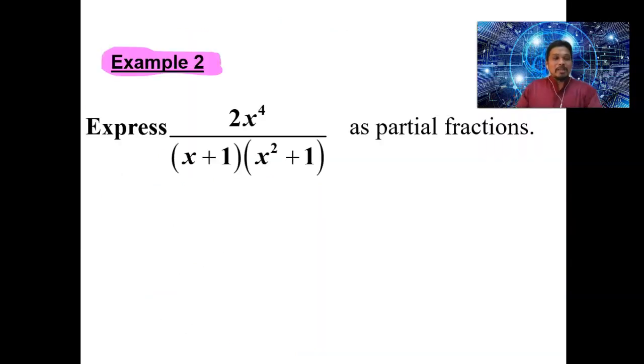Okay, now, second, express this as a partial fraction: 2x to the power of 4 divided by (x plus 1)(x squared plus 1).